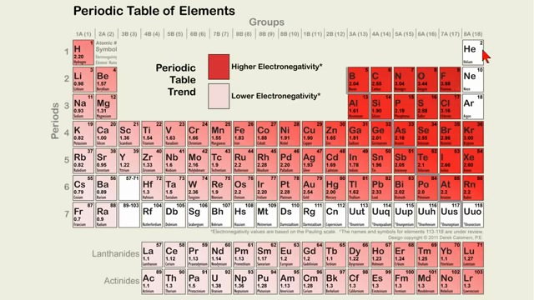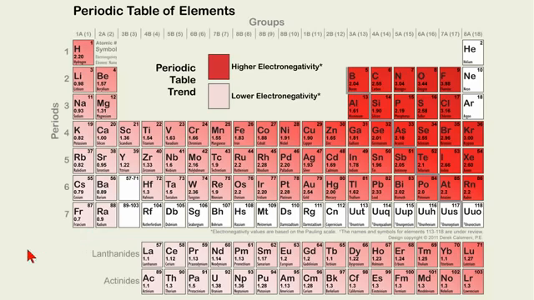Some of these noble gases here are not measured values. And down here, as is typical, we have the lower corner of the values, which is francium, similar to other periodic table trends.